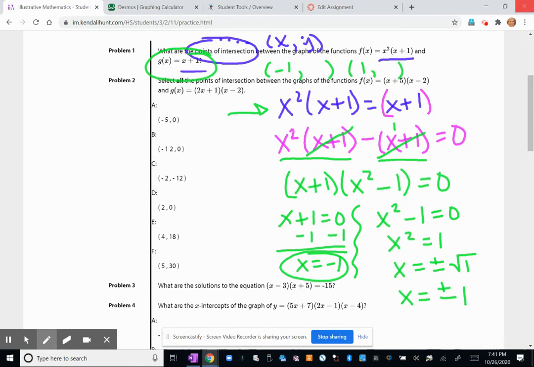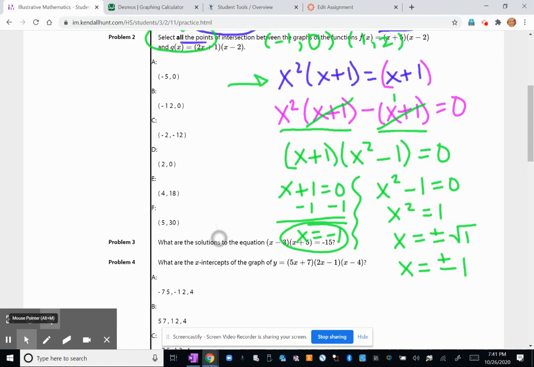If I put negative 1 in for x, I get negative 1 plus 1, which is 0. So negative 1, 0 is one point of intersection. Same thing, put the positive 1 in for x. 1 plus 1 is 2. So 1, 2 is the second point of intersection, and those are the two solutions for problem 1.